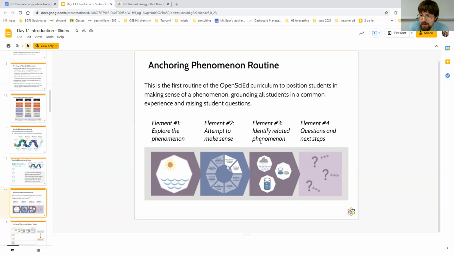It's also an opportunity for students to bring in their outside knowledge and relate it to the phenomena you're introducing. And then in the last step, element 4, students are going to generate questions that they want to investigate and come up with experiments to make more sense of the anchoring phenomena.